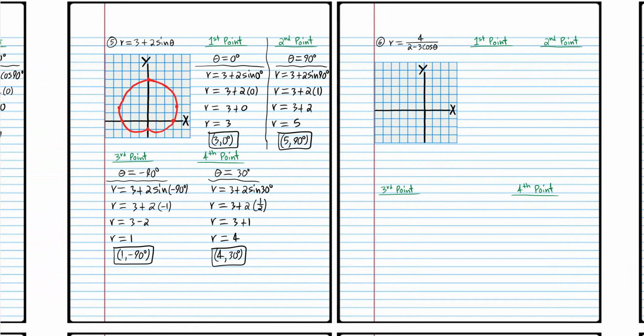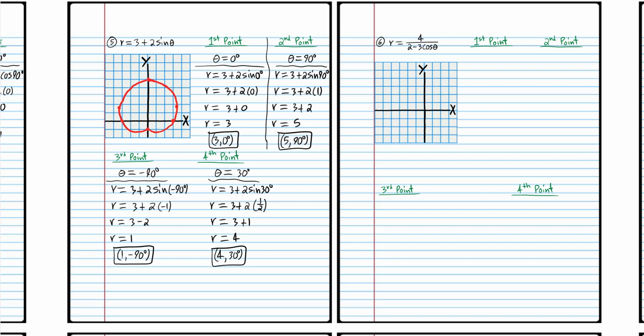Now I'm going to warn you that number 6 is, well, you'll see what it is when you enter it into your calculator. So press the y equals button and the clear button at the upper right. Now this is a fraction, so how do you deal with fractions? Well, you push the green alpha button, which is under this blue second button at the upper left. Alpha. Then I want you to push the y equals button at the upper left.